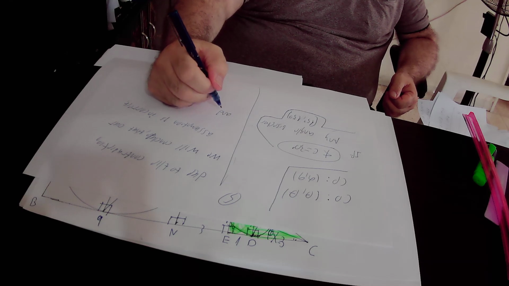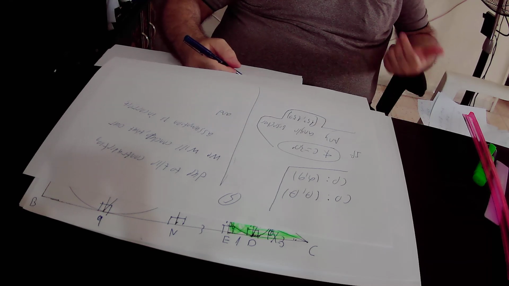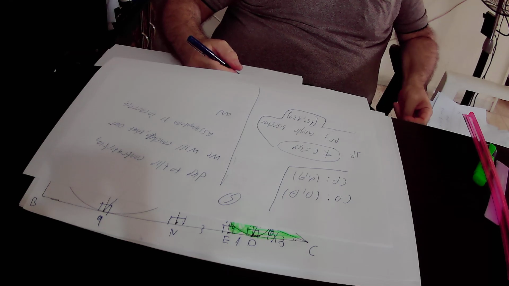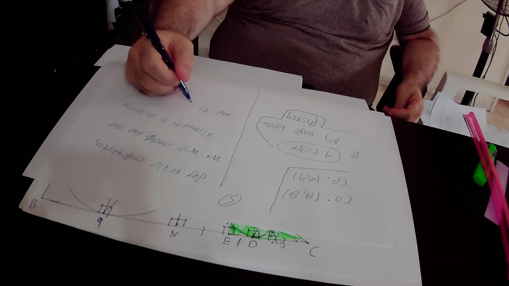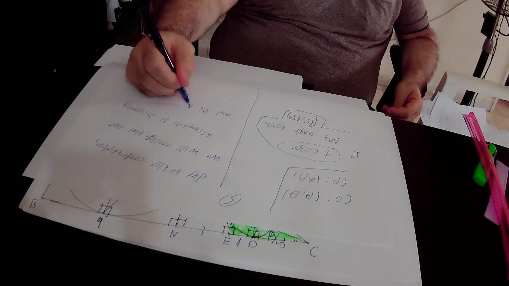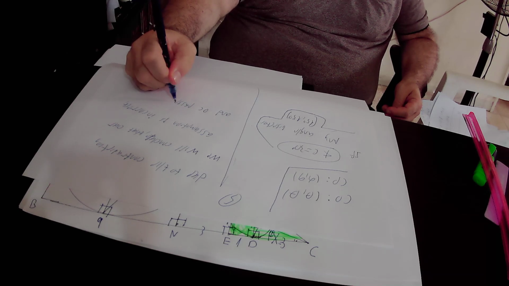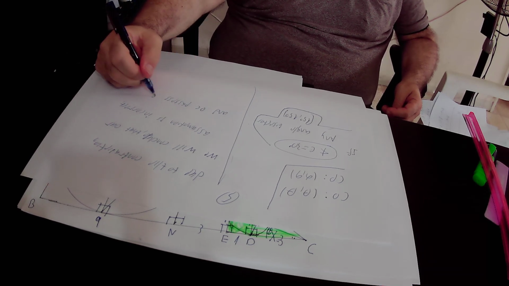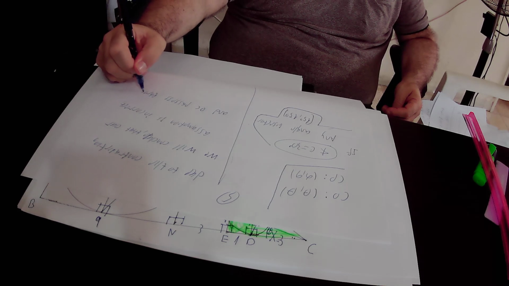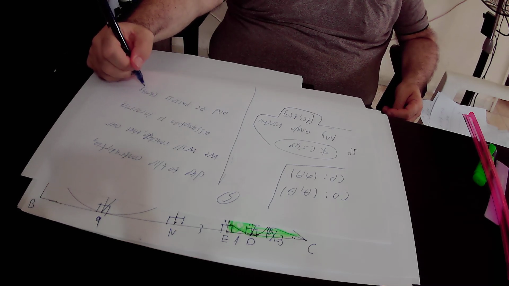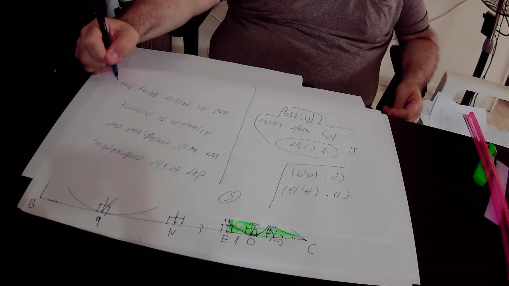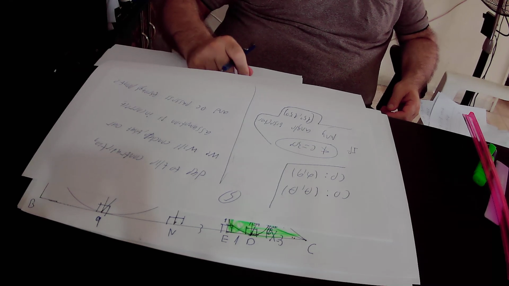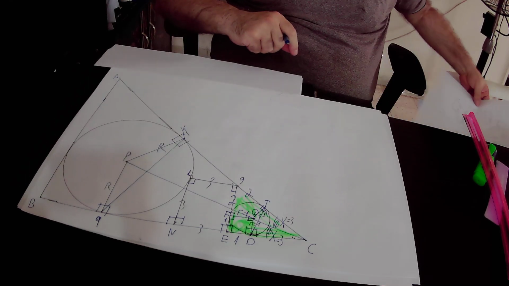If our assumption is incorrect, then we must conclude that OC indeed passes through point P. Okay. So we finished with the proof.